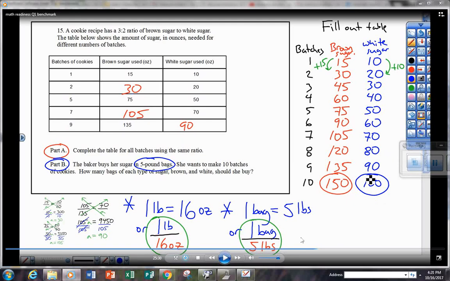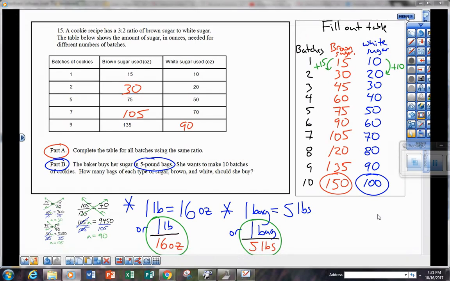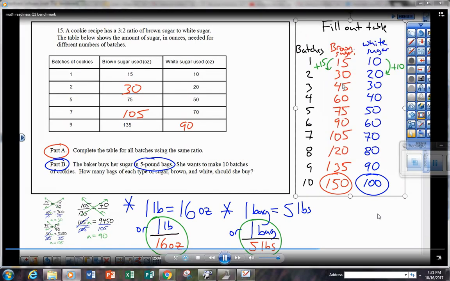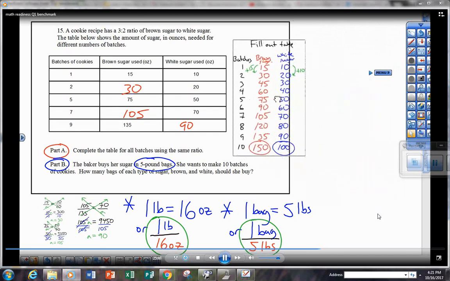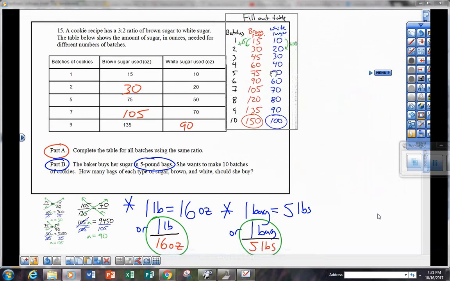Yep. Matches perfect. So now I'm going to use those key numbers, which is the number of ounces for brown sugar and the number of ounces for white sugar, and I'm going to change those to pounds, and then I'm going to change that to number of bags. So a double conversion. So I take that first number for brown sugar, which is 150.